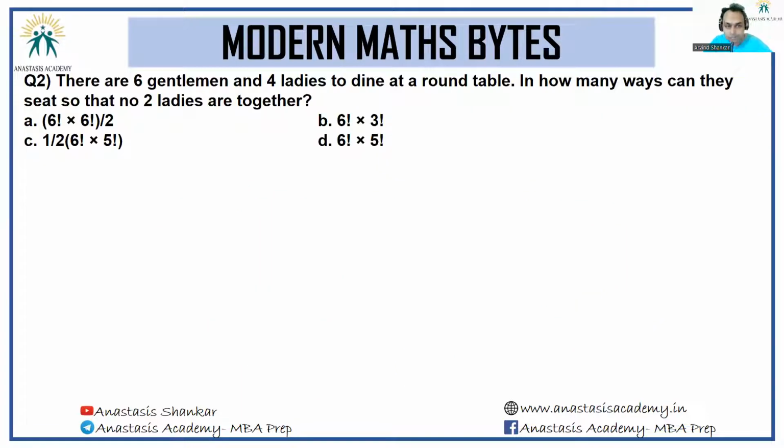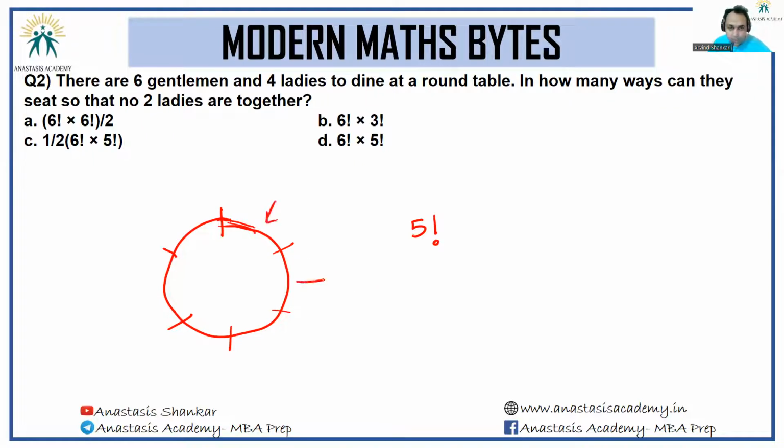Next question. There are 6 gentlemen and 4 ladies to dine at a round table. In how many ways can they seat so that no 2 ladies are together? Okay. Given that ladies have to be separated, first I have to ensure that gentlemen act as partitions. 6 spots, 6 gentlemen, they can be rearranged in 5 factorial ways.